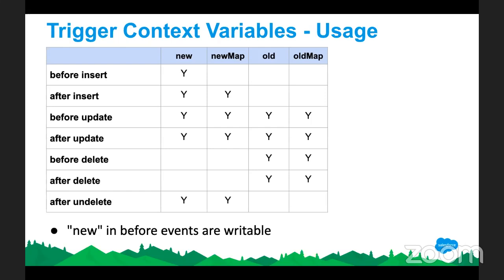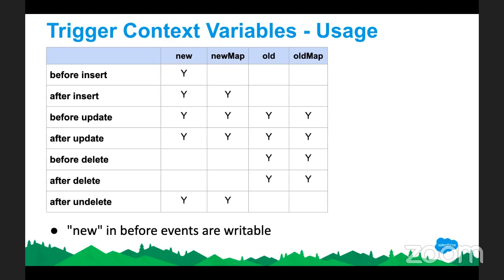Still, it is something coming from outside into Salesforce. Though it is in the Salesforce recycle bin, it doesn't exist in the database. So it will be considered as something coming into the Salesforce system. That is why it will be considered as new. So we can have the new list and new map in undelete.